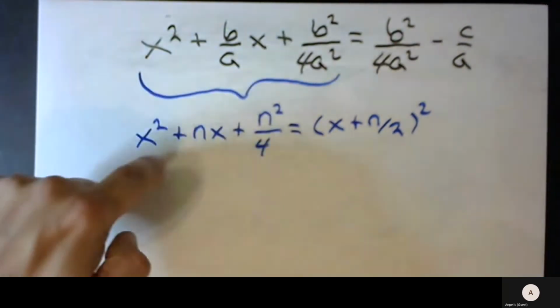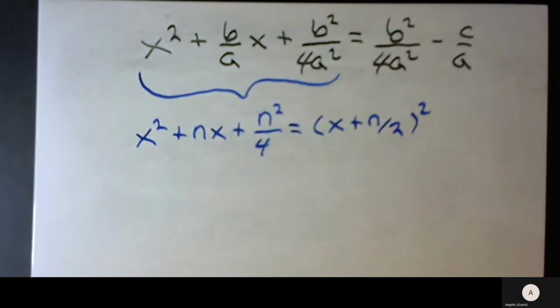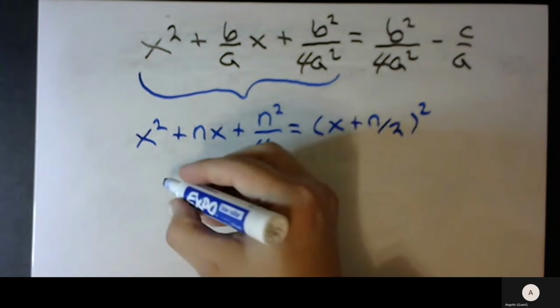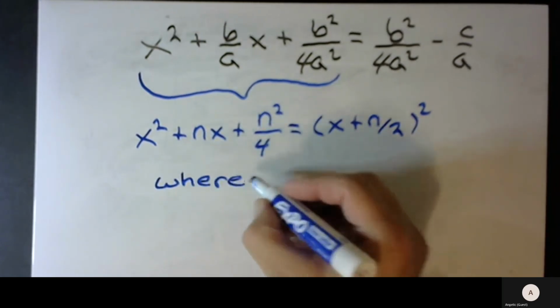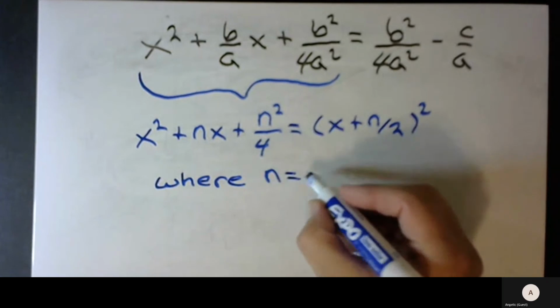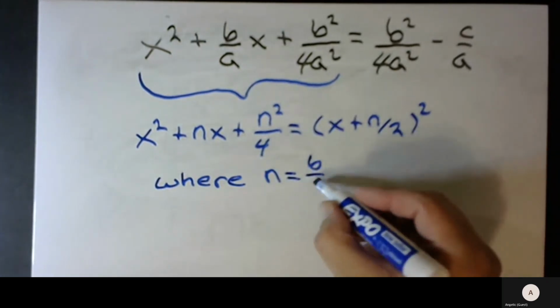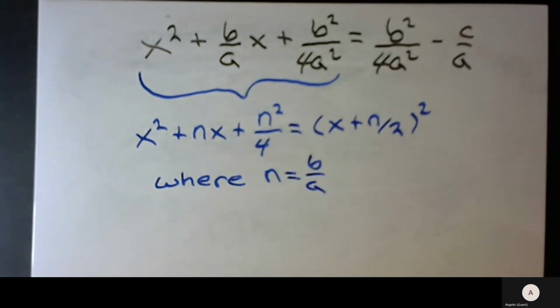So this part here we can rewrite like this, where n for us will be b over a.